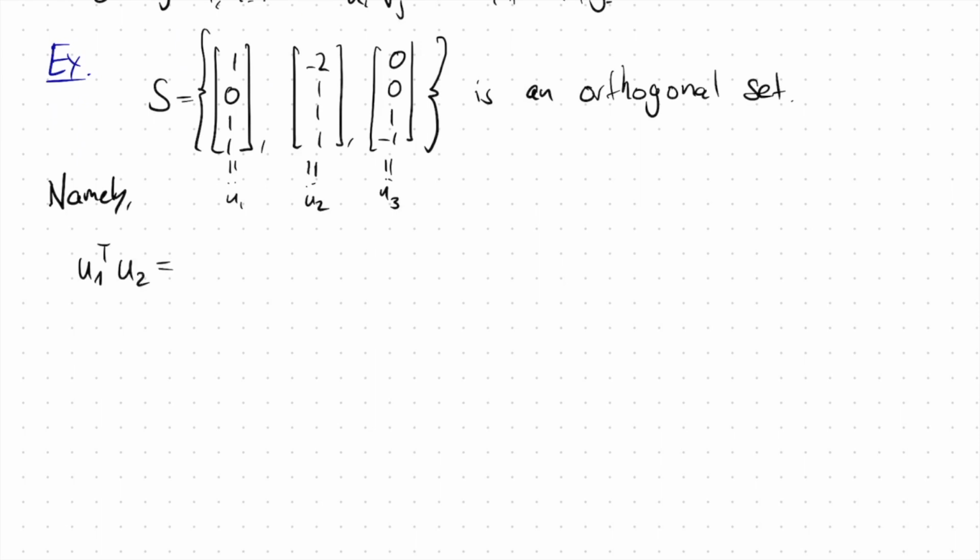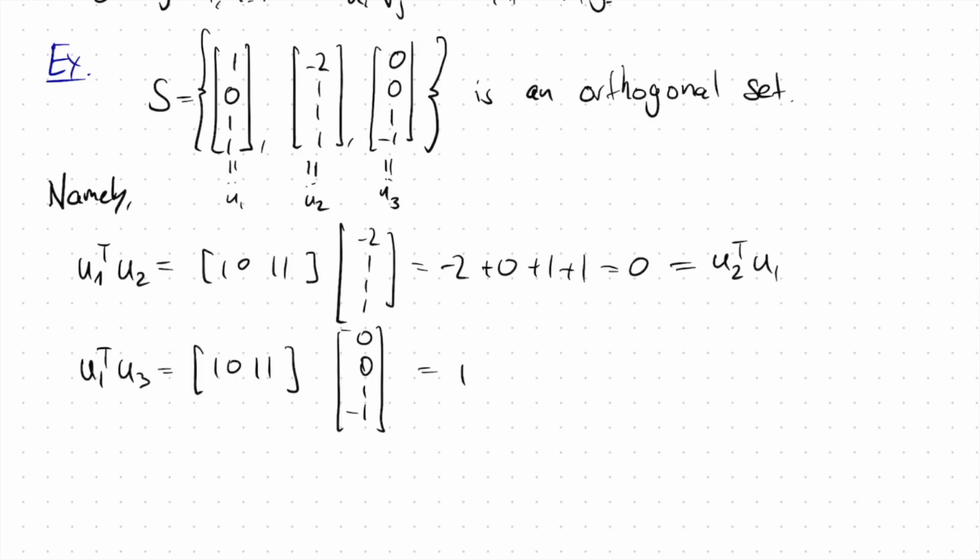Let's compute the pairwise dot products. So u1, u2: we get -2 plus 0 plus 1 plus 1, which is 0. We can also consider u2 transpose u1, but this will be the same. So let's consider u1 transpose u3.